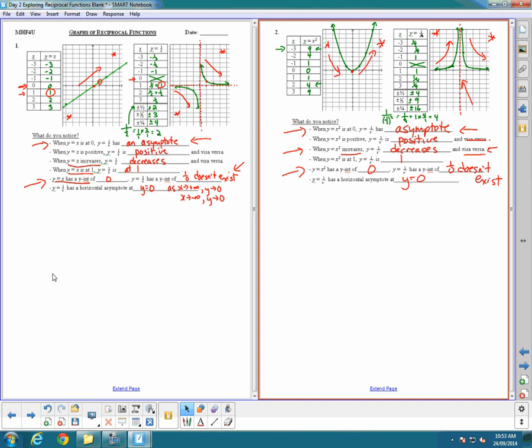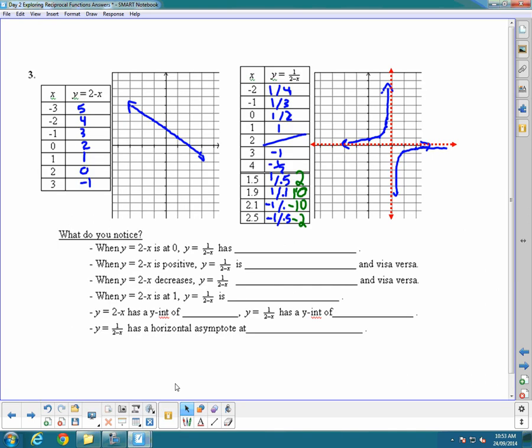So what we're going to do now is, first off, we notice that all the patterns that happened with the original linear function and the reciprocals hold true for the quadratic. So I'm going to skip ahead on this and show you the answers to the next one. So you'll have to find some time to finish these graphs, but I want you to notice that all of these are going to be the same.